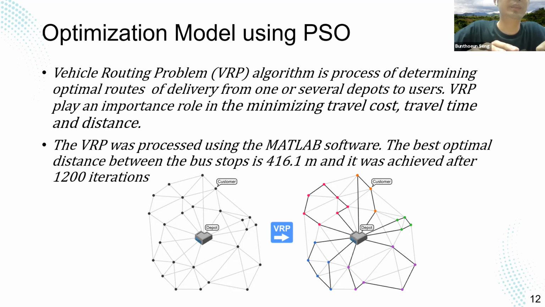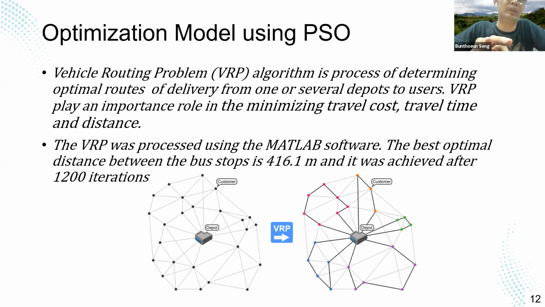Here in the picture, it explains briefly the concept of the VRP. The scatter points here are the locations of the customers, and the central building here is the depot. The rule is that the delivery needs to visit all these points at least once and come back to the depot.